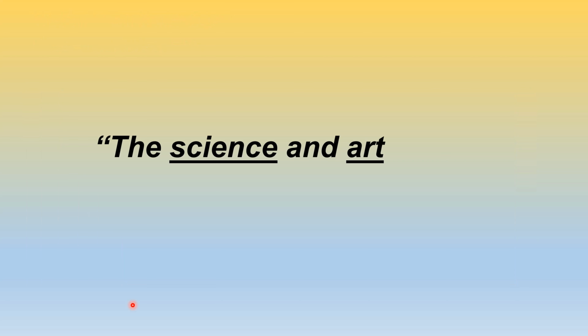The first two terms that we saw in the definition are science and art. You can read a little more in the chapter about the difference between the two. Science is normally based on a theory developed, a mathematical theory or physical theory of some form.